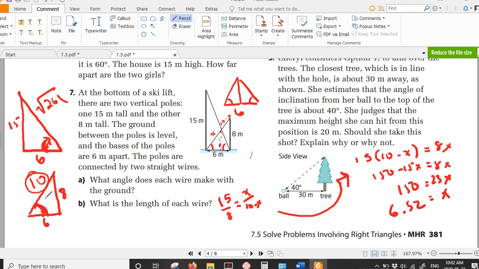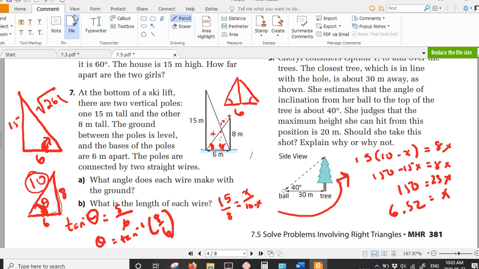Now, to find this angle, all I need to do is identify opposite, adjacent. So tan theta equals opposite over adjacent, and then theta will equal tan inverse of whatever 8 over 6 is, and that will give you this angle, which will give me this angle in here.